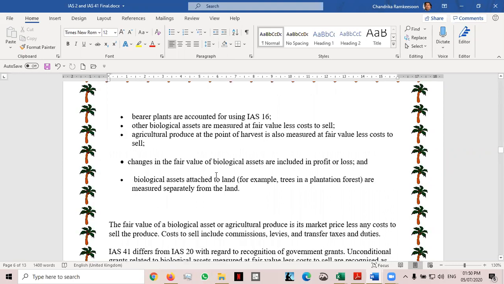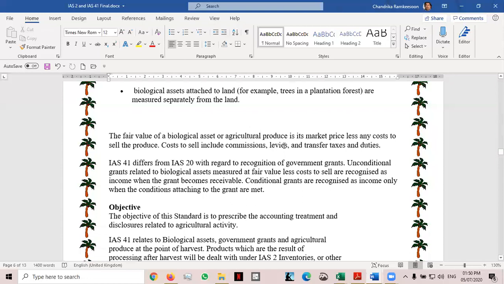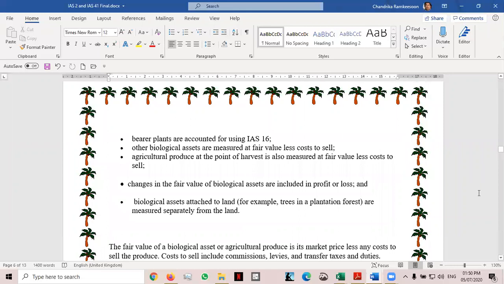Let's take a look. The fair value of a biological asset or agricultural produce is its market price less any cost to sell the produce. So I'll read that again.